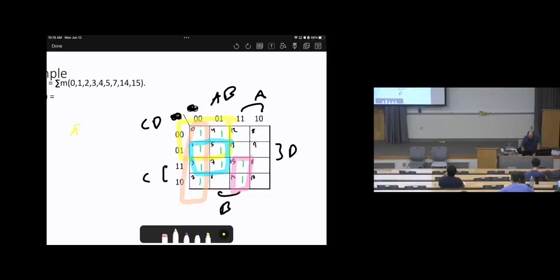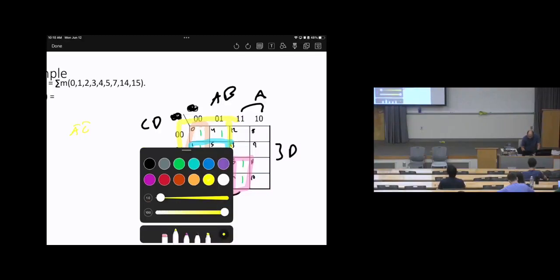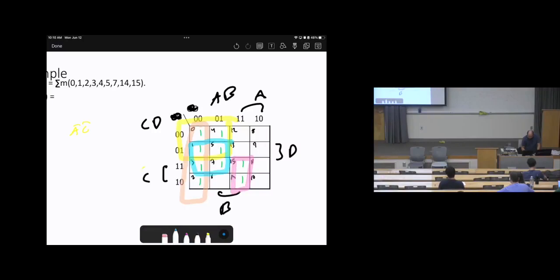Then look at C, it will be in C bar. How about D? I think it should include 2 variables. Okay, I think A bar, C bar, I'm sorry. 4 blocks include 2 variables.